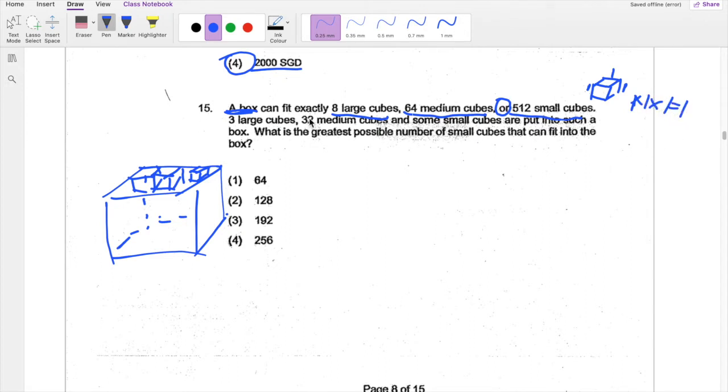So for this box, we can calculate the volume: 512 times 1 equals 512. So we know that the volume is equal to 64 medium cubes. Then we can calculate that for the medium cube, each volume is 512 divided by 64, which is 8. How about the large cube? Well, we use 512 divided by 8. So this one gives 64.